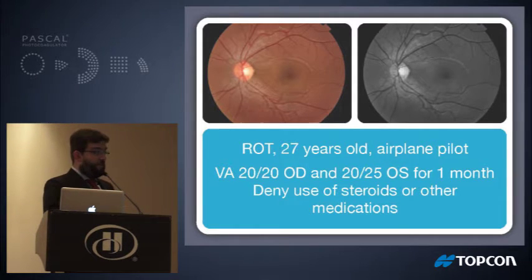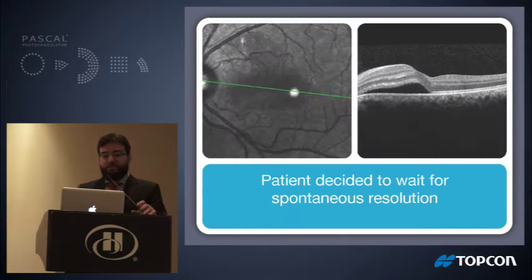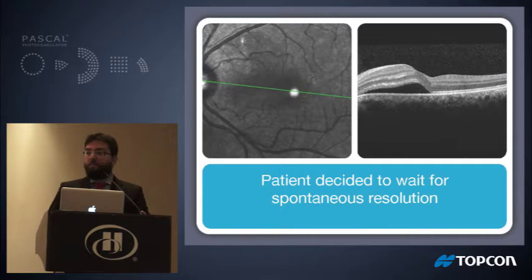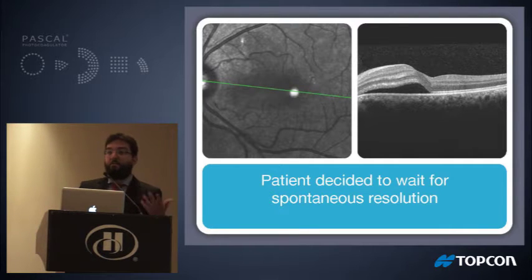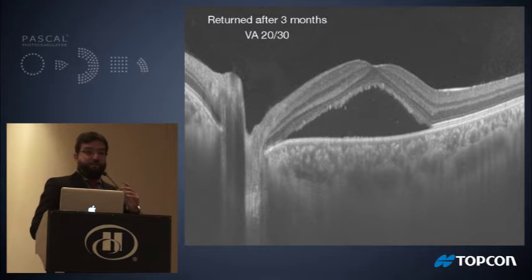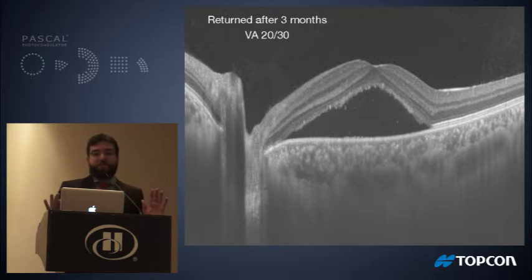And he didn't use any steroids, so this is the OCT. But of course, he went to the internet and saw all the complications that laser could do, and he decided to wait. He was referred to me, but he decided to wait. Let's wait a little bit, because it's just 1 month of symptoms. And then he came back 3 months later, with a little bit decreased vision and much more fluid. So now he decided, okay, let's treat.